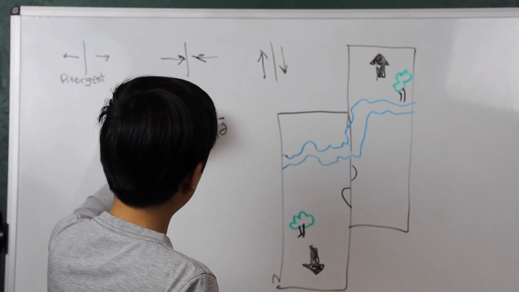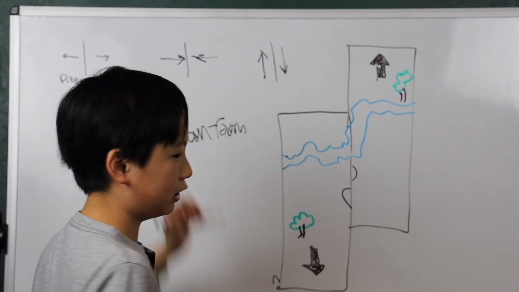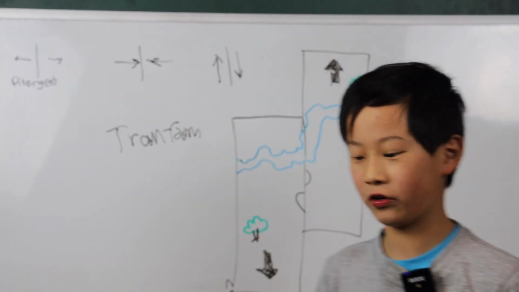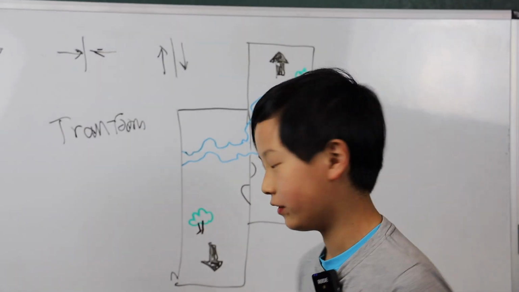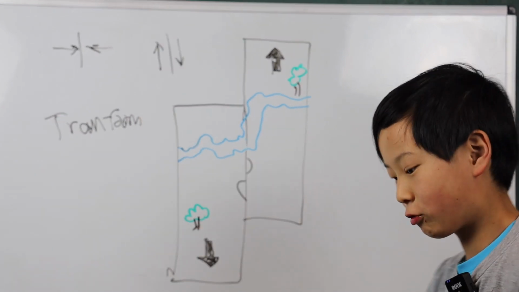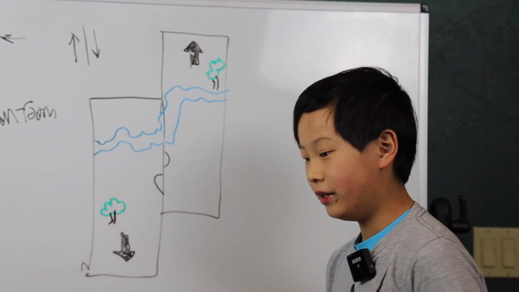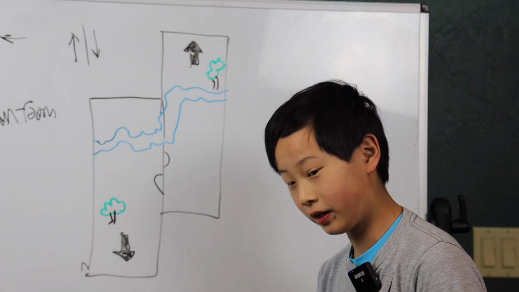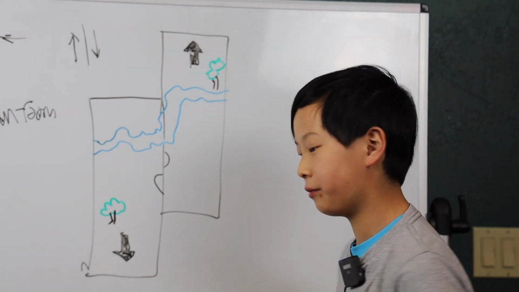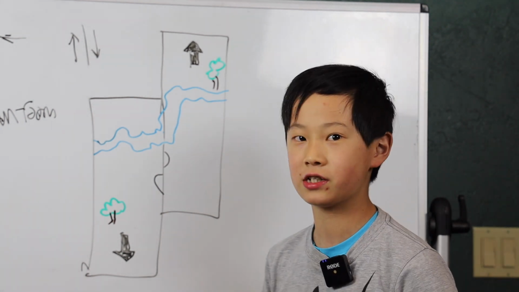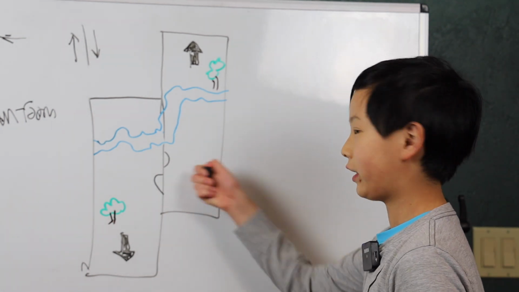Transform plate boundaries have a lot of earthquakes because the sides of the plates aren't smooth, they're really rough. When they scrape against each other, they sometimes get caught and stuck, and that builds up tension. When the rocks reach their elastic limit, they break, and that causes an earthquake.